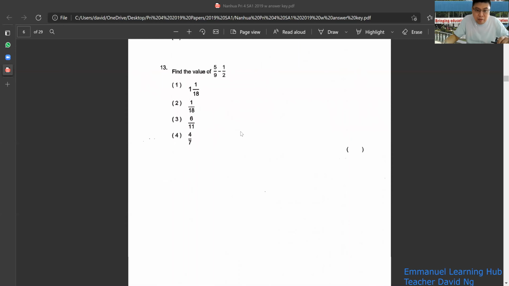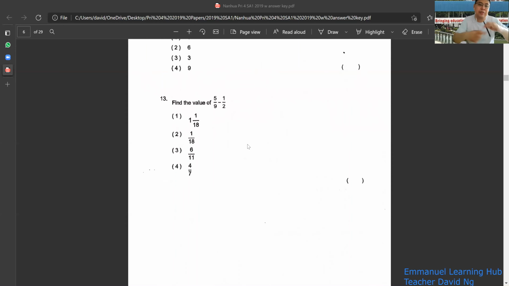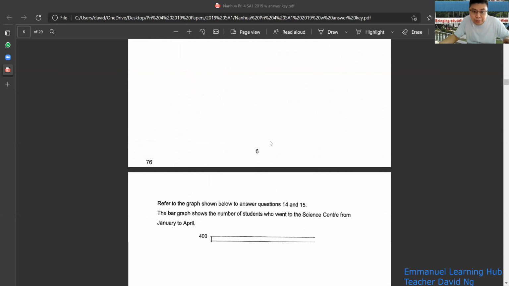Find the value of 5/9 minus half. One over 18. Very good. You got it.